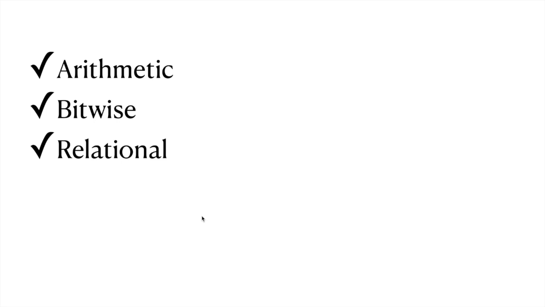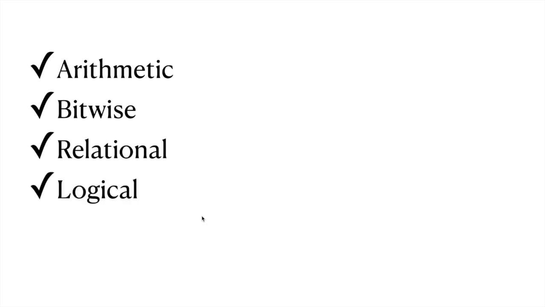The other is relational operators, and these are operators with an output of Boolean type. As we have discussed in our data type section, Boolean is a data type with two values, either false or true.